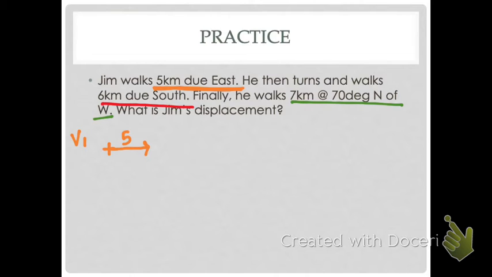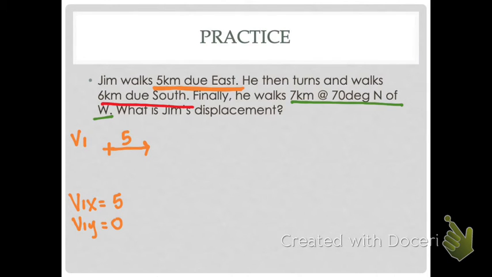Finding x and y. Break each vector into x and y. So what would v1x be equal to here? 5, right? And is it positive 5 or negative 5? Positive. So v1x is equal to 5. What would v1y be equal to? 0. Very good.